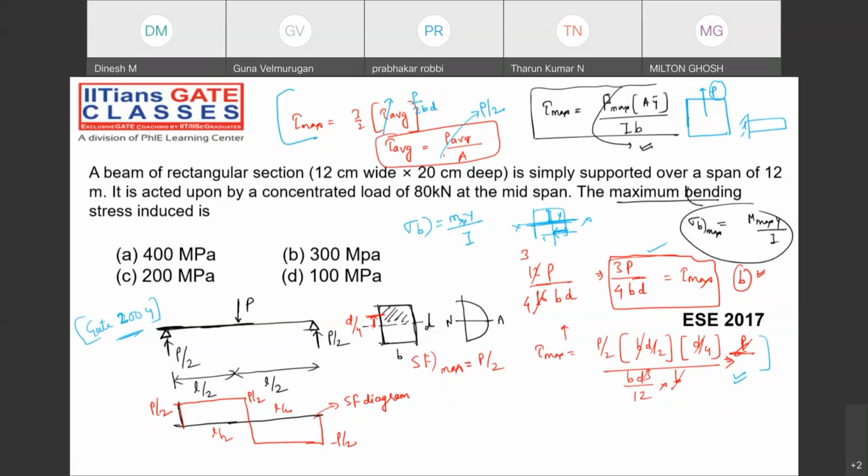Follow that, and believe me, you will never forget principal stress and strain in your whole life. After that, we will cover thin cylinder, thick cylinder, then columns, then deflections. These four topics remain, and some part of the strain energy. That strain energy I will take in the deflection method only.